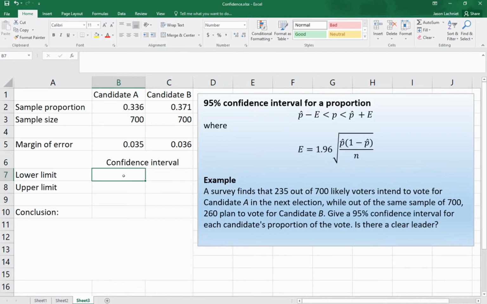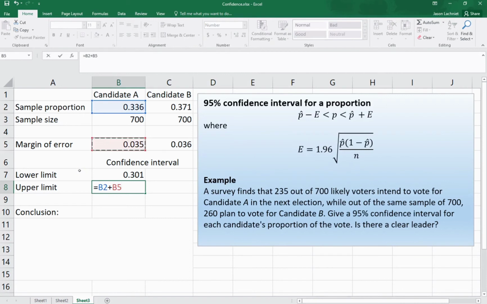Now we want to construct those actual confidence intervals for each candidate. The confidence interval is the sample proportion minus the margin of error up to the sample proportion plus the margin of error. So for candidate A, the lower limit is going to be equal to that sample proportion 0.336 minus our calculated margin of error 0.035, and the upper limit is going to be that sample proportion plus that margin of error.